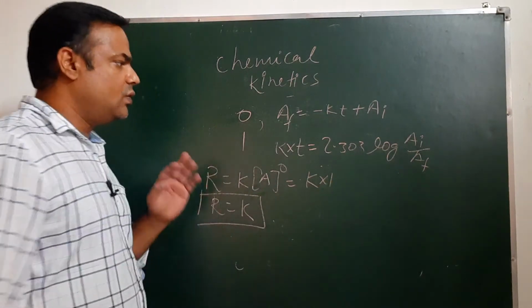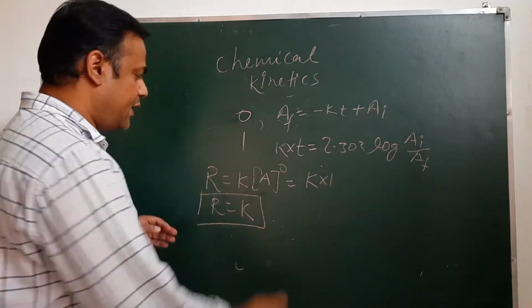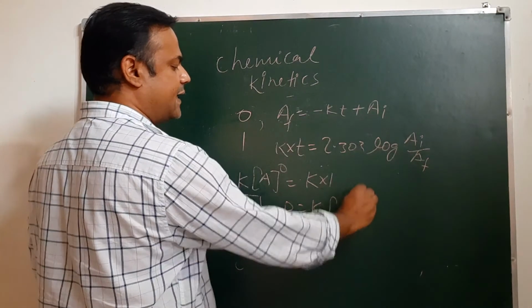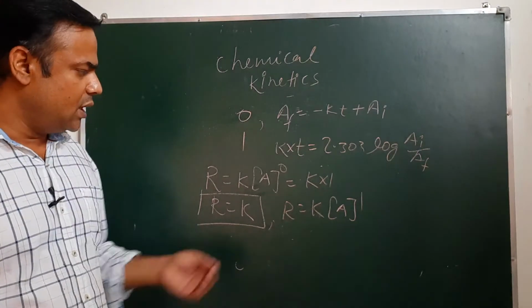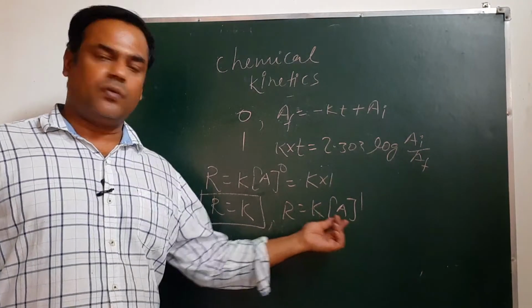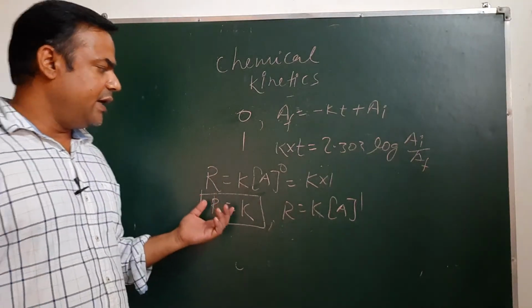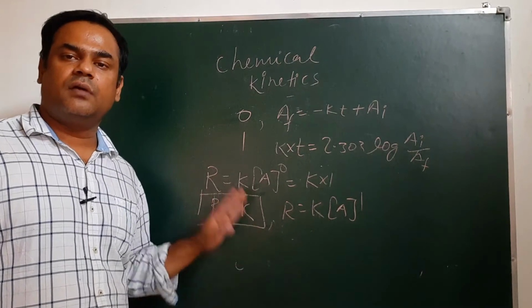For first order reaction we can write R equals to K A to the power 1. Here rate is directly proportional to concentration of reactant, while in case of zero order reaction we can see rate is independent of concentration of reactant.